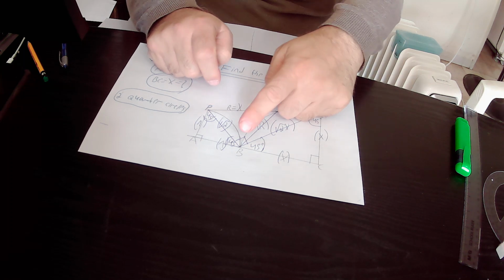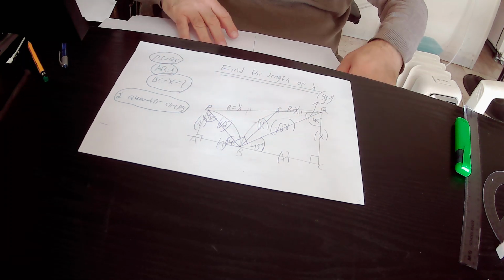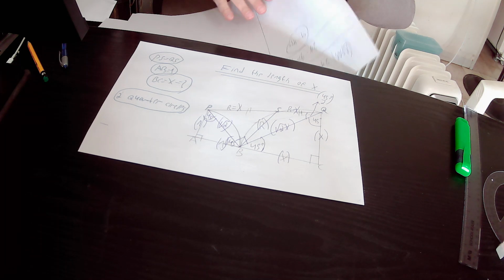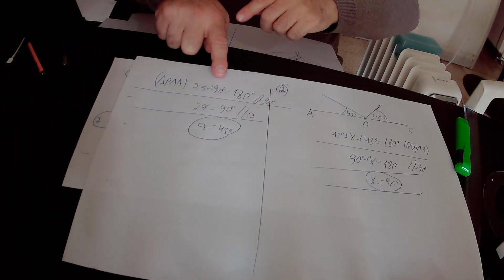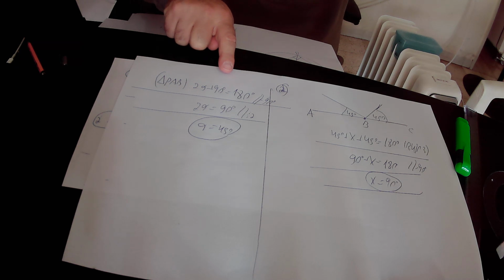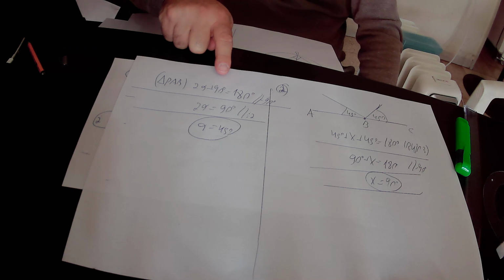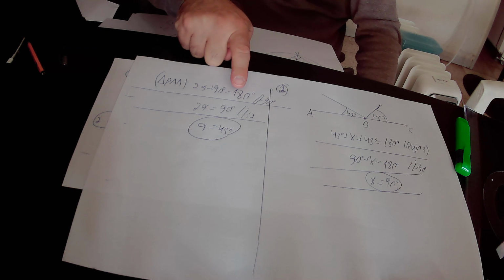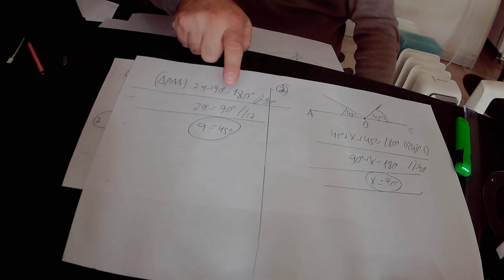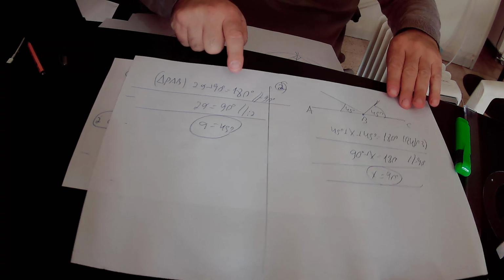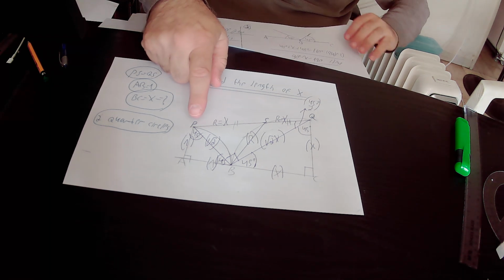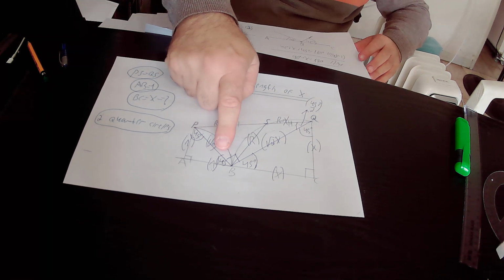We have alpha plus alpha plus 90 degrees. In total, they must equal 180 degrees according to the rule that I mentioned. Again, in triangle PAB, 2 alpha plus 90 degrees equals 180 degrees. We subtracted 90 degrees from the equation and found that 2 alpha equals 180 degrees minus 90 degrees, which is 90 degrees. 2 alpha equals 90 degrees, we divided this equation by 2 and found that alpha equals 45 degrees.